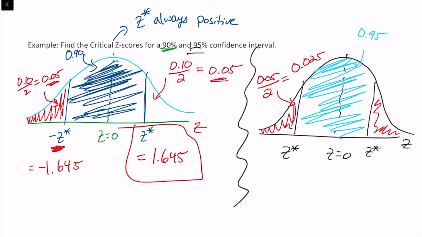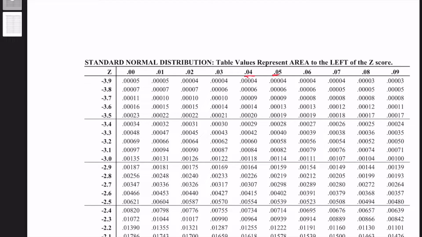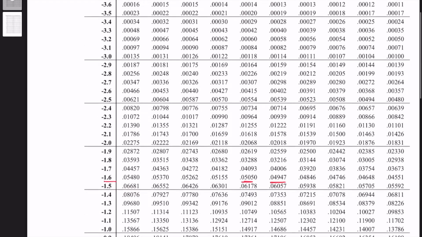I want to make sure this is extra clear. This should be a 0.05. For that exact same reason, we have a 0.025 in the right tail. So now we're going to do the same thing. We do a reverse lookup in our z-table. We get as close as we can to a 0.025, and that will give us a z-score. So it's going to be a negative value. So let's see here, a 0.025.